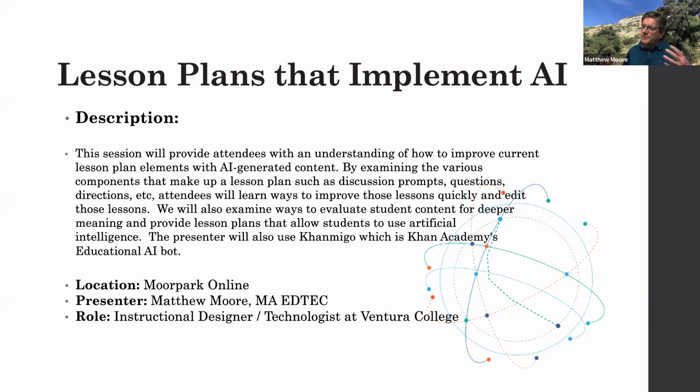Hopefully you'll figure out ways to examine your lesson plans or student work that they're turning in deeper, because it seems like that's what these tools are going to allow us to do. And I will also do a slight demonstration of Khanmigo, to kind of show you what I think is going to be happening in K through 12.